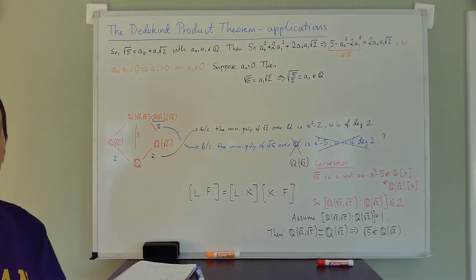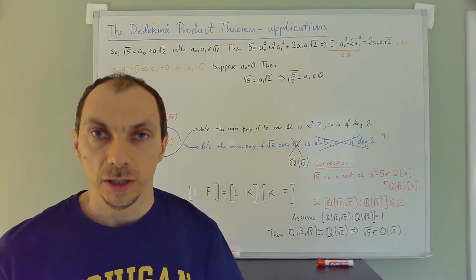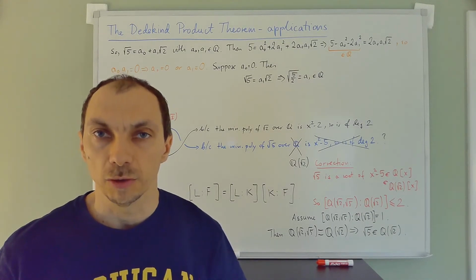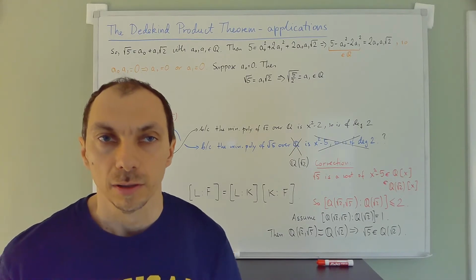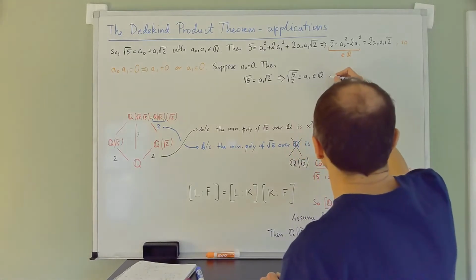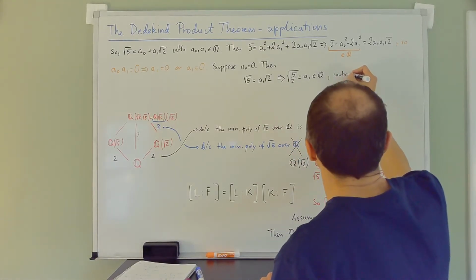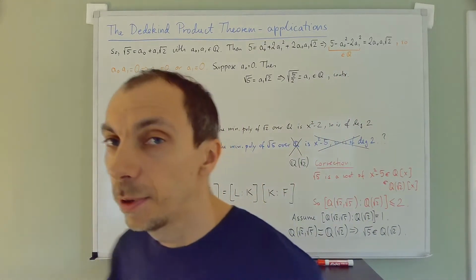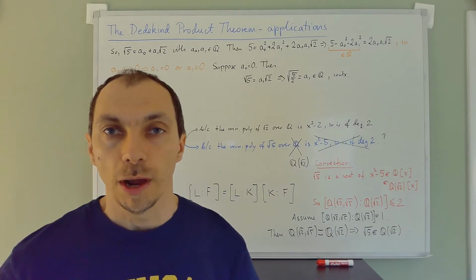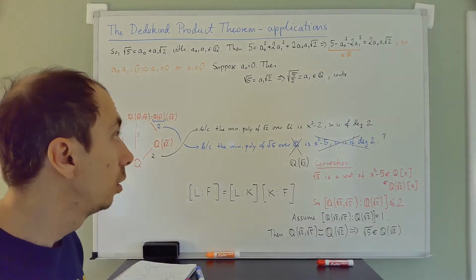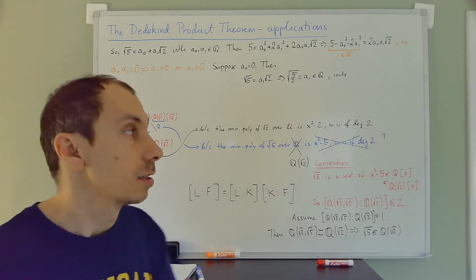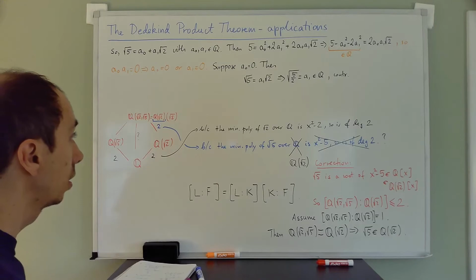Oh, but what do I know? 5 is not a perfect square and 2 is not a perfect square. So the radical of 5 halves is not rational. Contradiction. Remember, we proved that for a square root of a rational number to be rational, both the top and the bottom have to be perfect squares. Not the case here. So that's a contradiction.